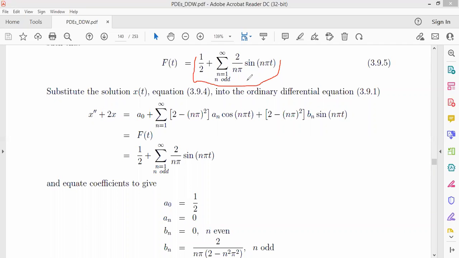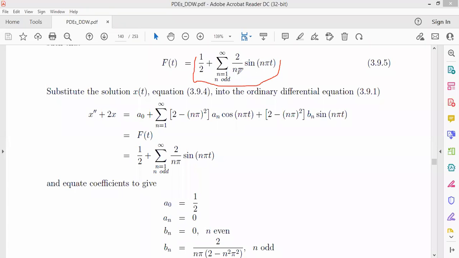When you differentiate this one, the first derivative, the half disappears. If you differentiate sine, you'll get n pi cos. And then when you differentiate the second time, again, this is 0.